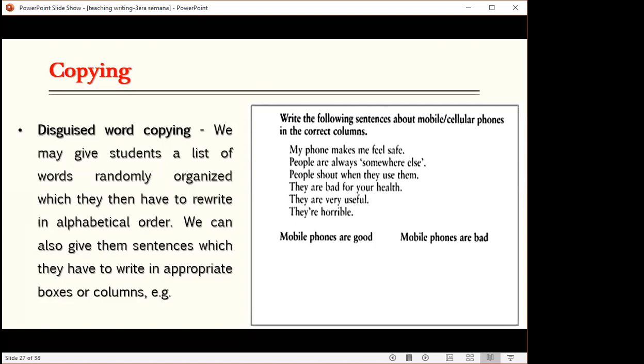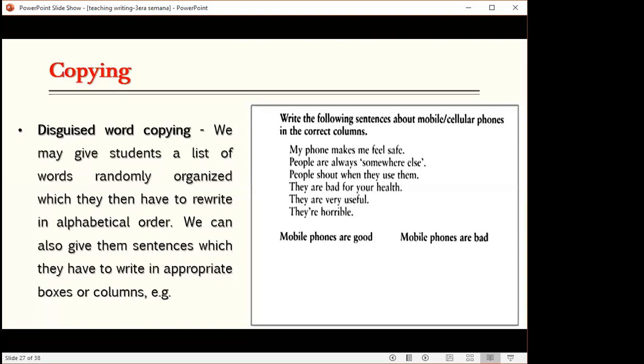So the purpose of this writing is to write about cell phones, cellular, mobile phones. And they are going to give their opinions related to mobile phones are good. So good points about cell phones or mobile phones and the bad points, the bad side of using cell phones or mobile phones.